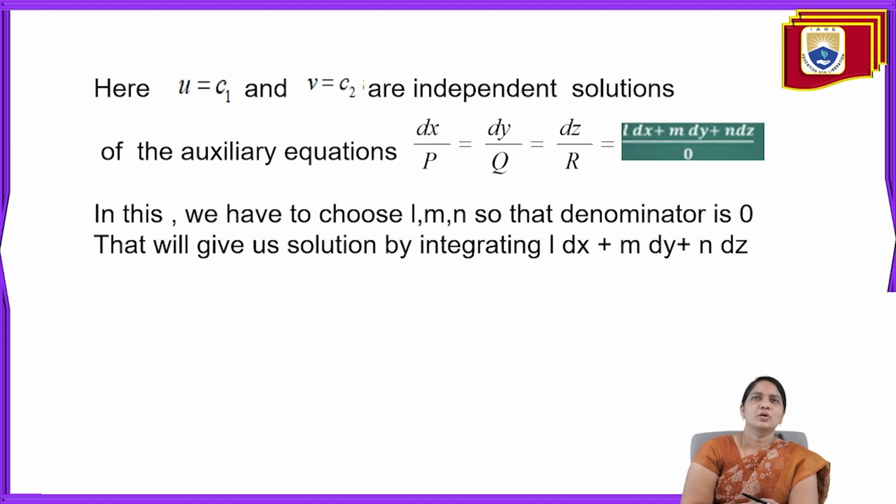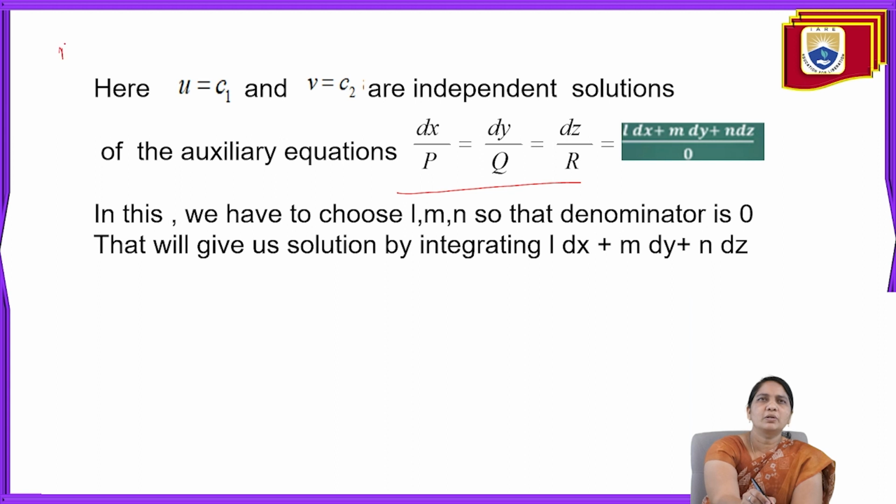Now, after giving the equation, we write the auxiliary equation, that is dx by P equal to dy by Q equal to dz by R. Here I am going to tell about the method of multipliers.